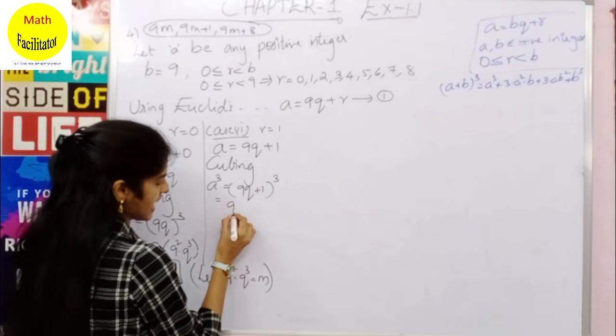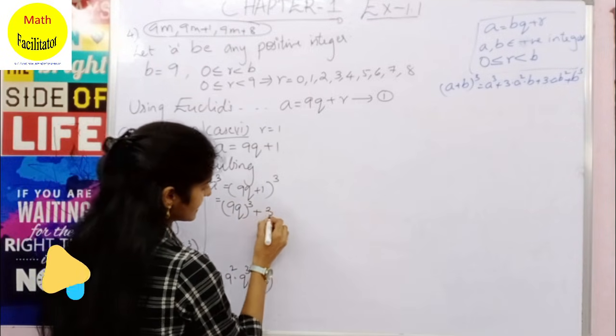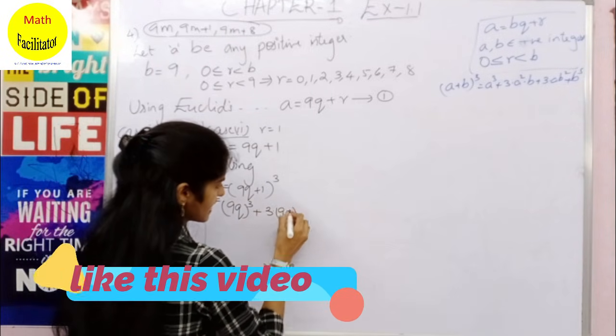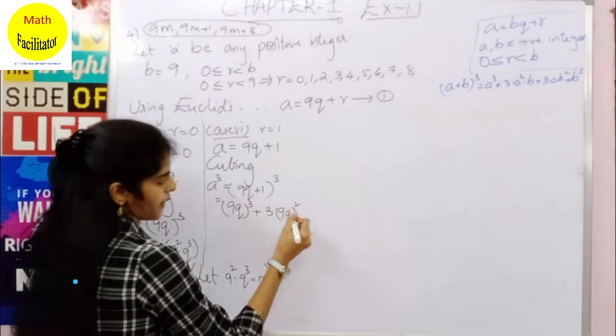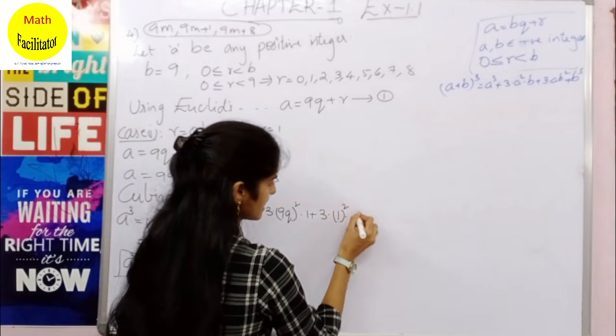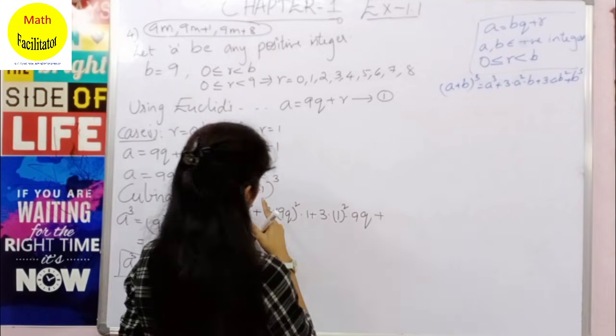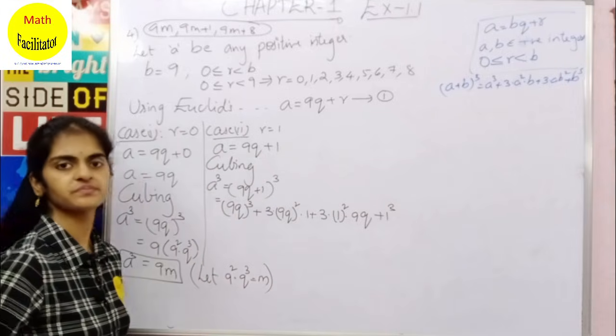So it is 9q whole cube, plus 3 into 9q square into 1, plus 3 into 9q into 1 square, plus 1 cube.